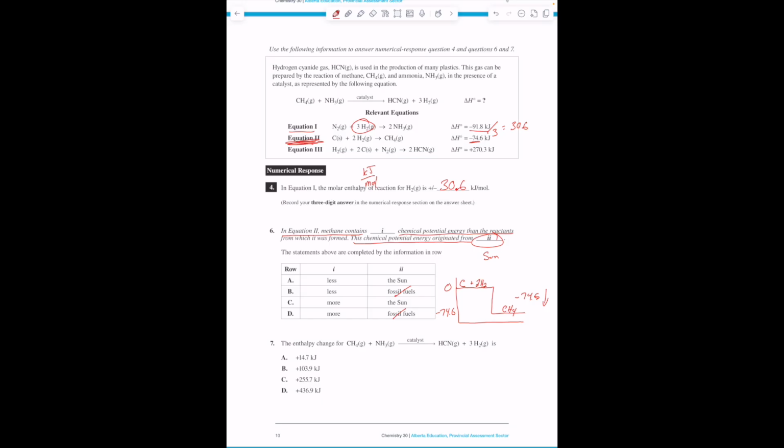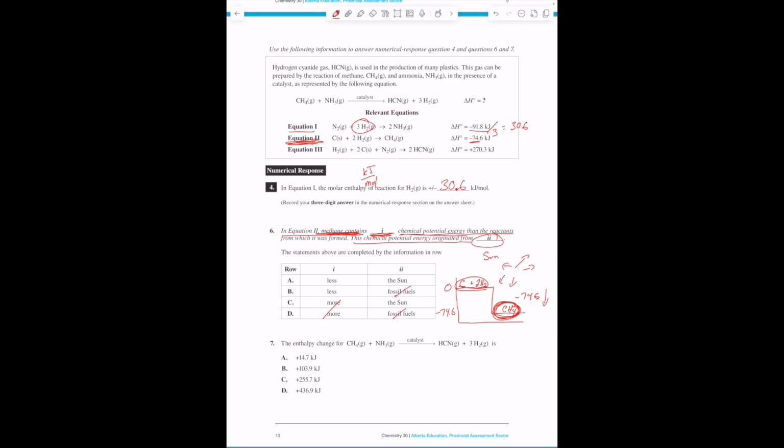So, let's read it again. Methane, now it's asking about methane right here. Methane contains less chemical energy because here I have 0 and now I'm negative 74.6. I gave off energy to the surroundings, which means this now has less energy than what these had.